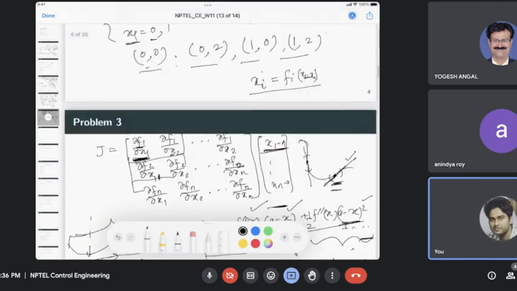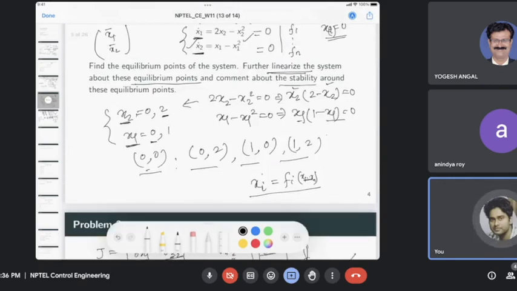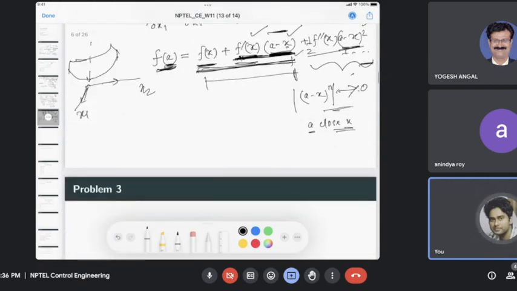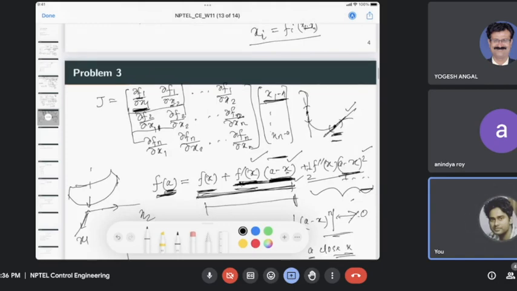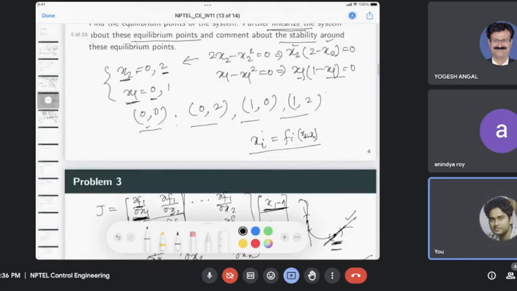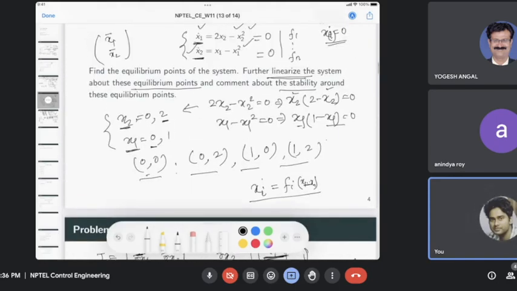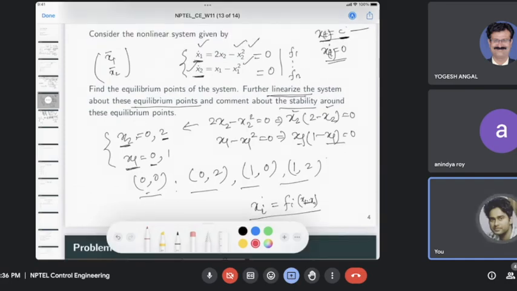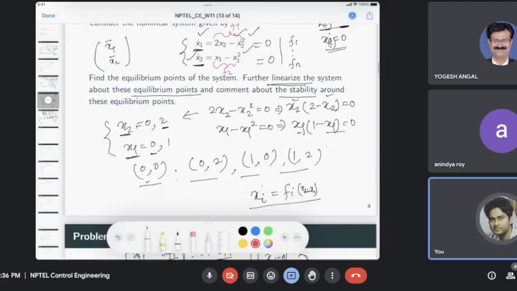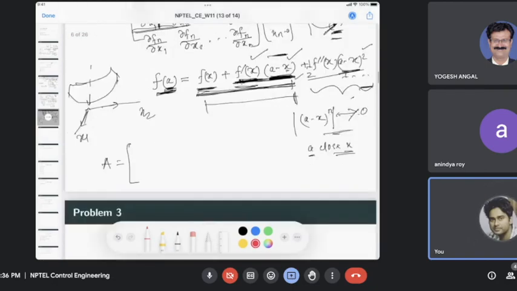First, for stability, we just need the A matrix. This A matrix we compute using the Jacobian. For this case, because we have a second order system, it will be 2 cross 2, where this is f1 and this is f2. We simply apply the partial derivatives and write the A matrix.